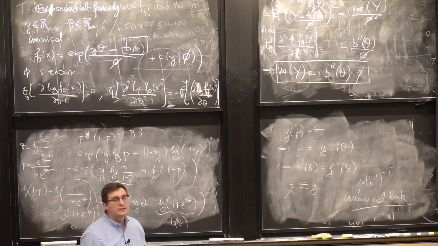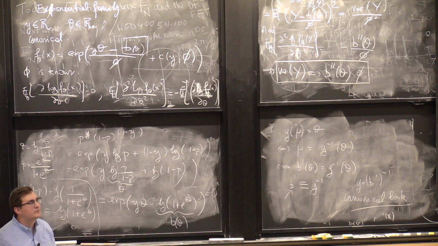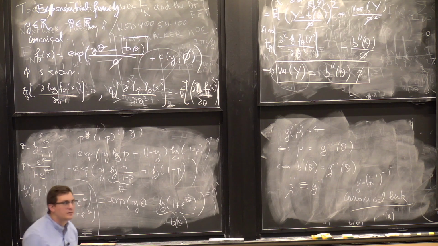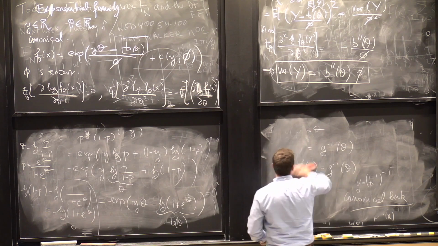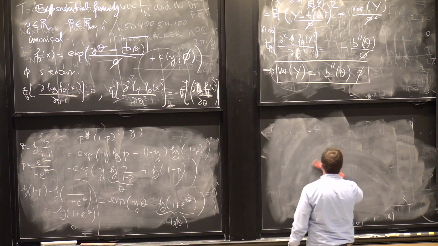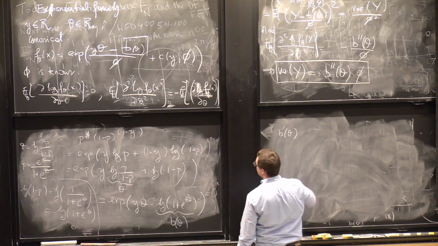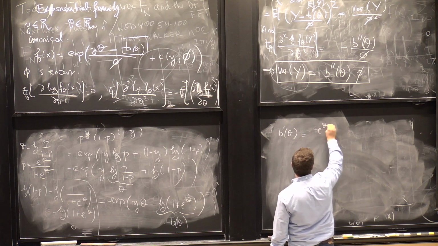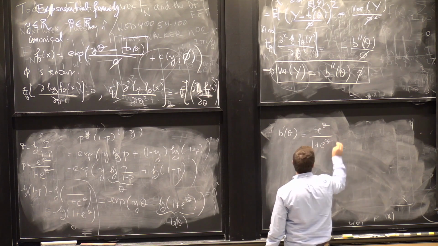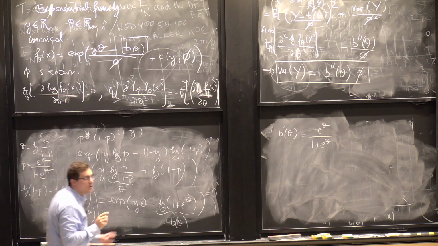From there, I can compute the expectation, which, hopefully, I'm going to get p as the mean and p times 1 minus p as the variance. Otherwise, that would be weird. So let's just do this. B prime of theta should give me the mean. And indeed, b prime of theta is e to the theta divided by 1 plus e to the theta, which is exactly this p that I had there.